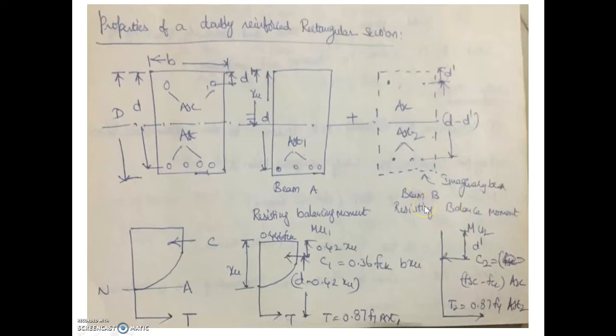Balance moment means whatever amount is more than the limiting value. In this case, we consider it as an imaginary section. The balancing moment will be designed for Ast2 and Asc values.